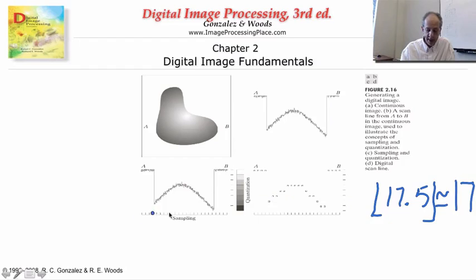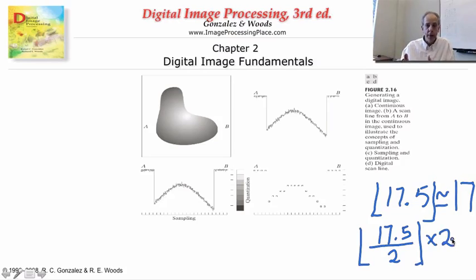So there are more ways of doing this, and we're going to talk in detail about quantization. This is sampling, and discretization in this direction of the gray values is called quantization. We could also consider, for example, if we had 17.5 as before, we could actually divide it by 2, take this, and multiply by 2.